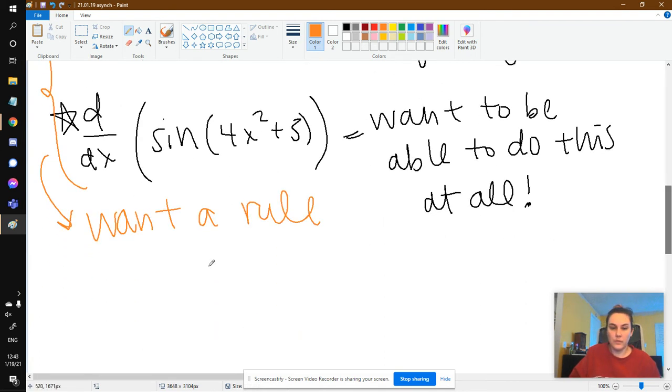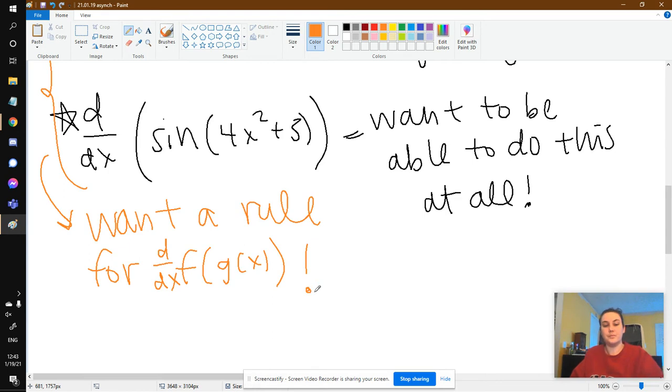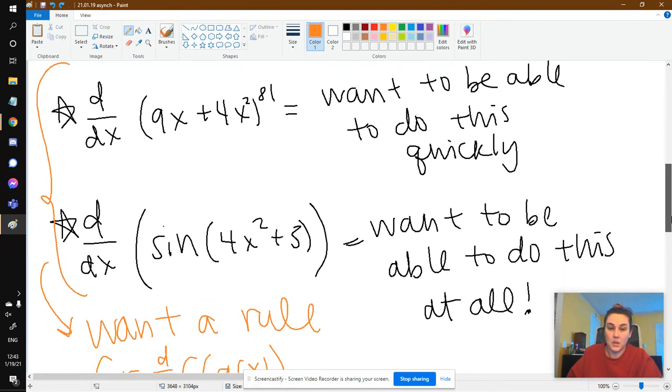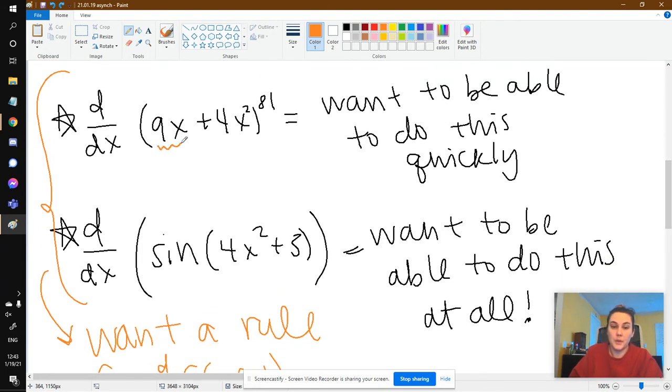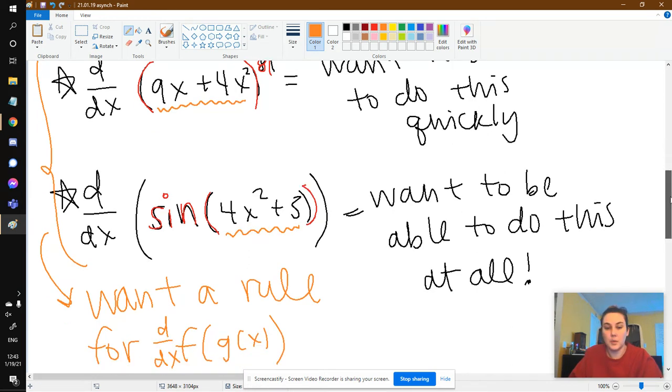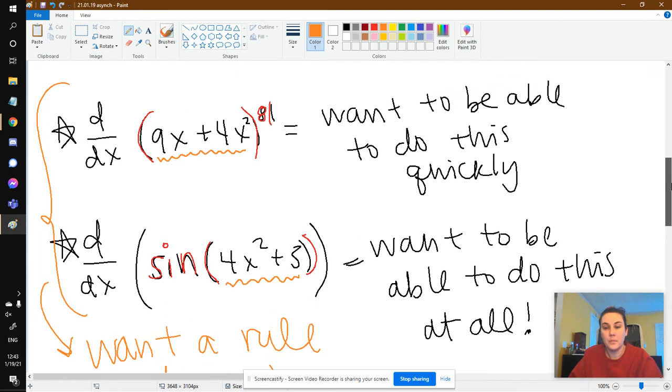We want a rule for f of g of x. Again, we want a rule for when there's a function composed with another function. And we want a rule when there's a function on the outside composed with a function on the inside. So these are both function composition rules.